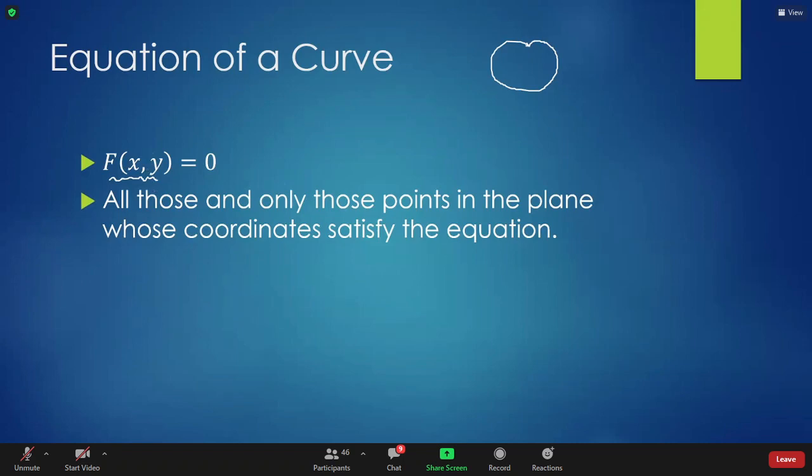So basically this equation will be true only for those points, and all those points whose coordinates satisfy the equation are the points of the curve. So there has to be a correspondence between the curve and this equation. So that would describe this equation.